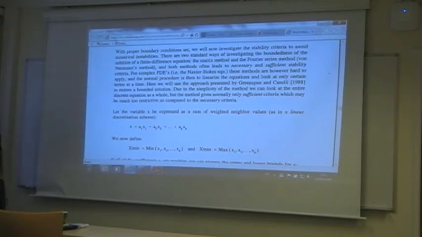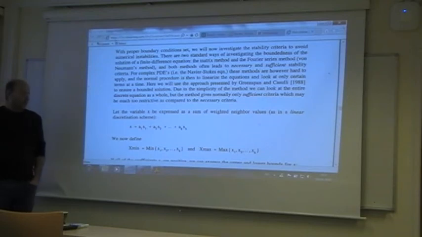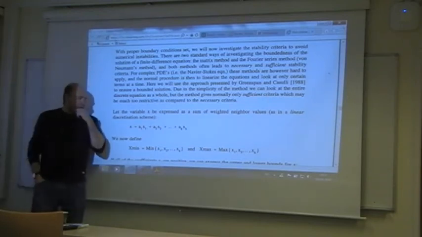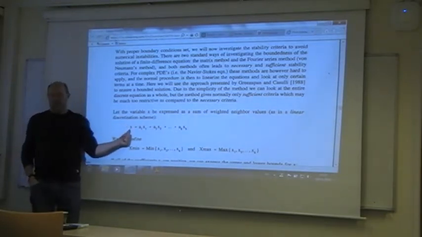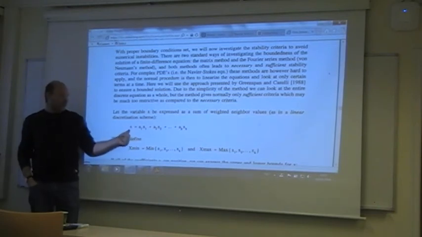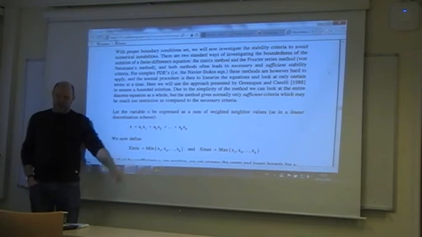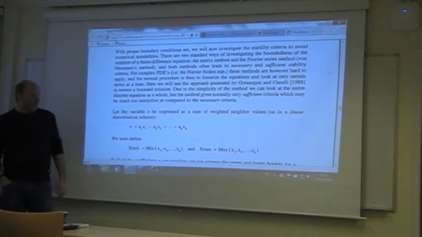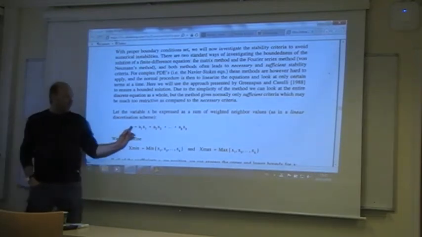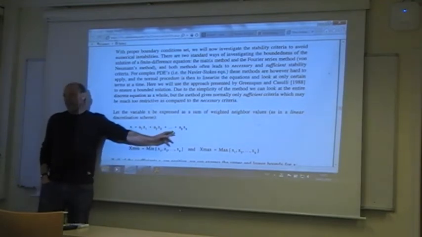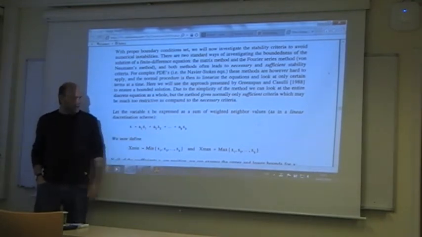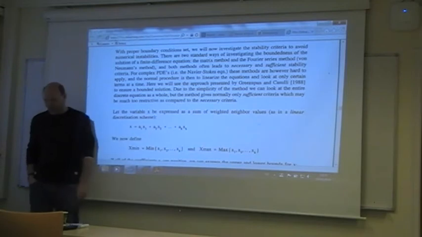So the method, very simple, goes as follows. You have an expression for an unknown quantity. Typical here, this will be the unknown velocity, for instance, in your scheme, and then you pick the center point. That's normally the most efficient, most stable. But it will then be a function of a bunch of neighbors multiplied with coefficients a1, a2, and so on.